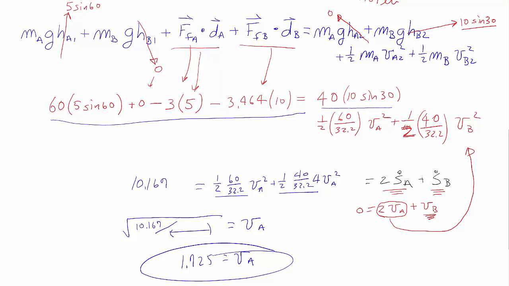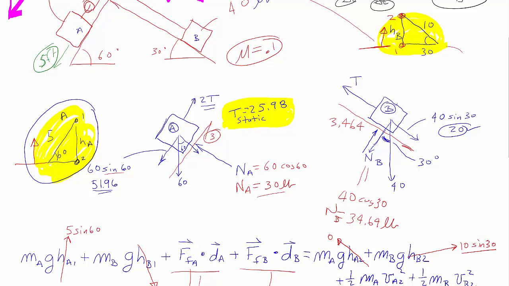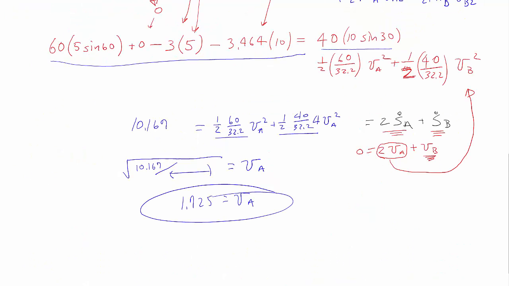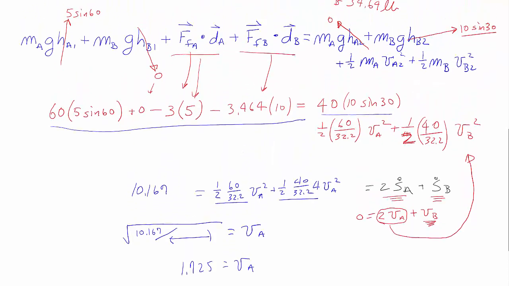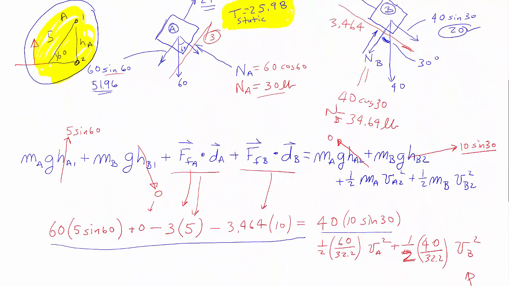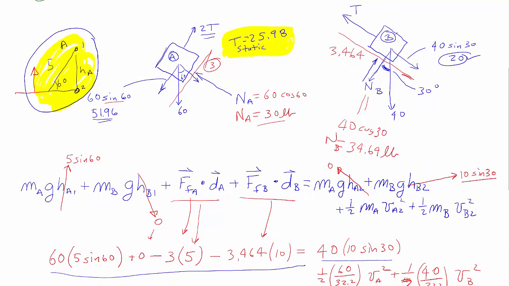I have an interesting question though. Do you think there would be a point in which I could end up with a zero velocity for A or B or whatever? For example, I ran this thing 5 feet down the plane.